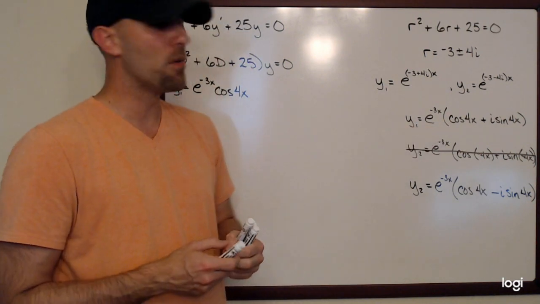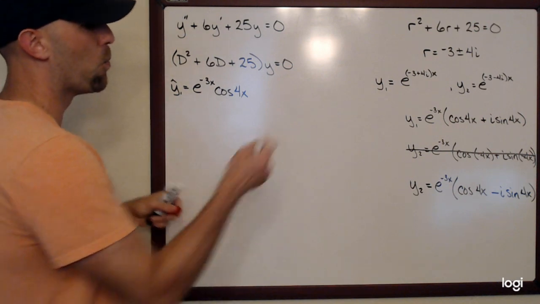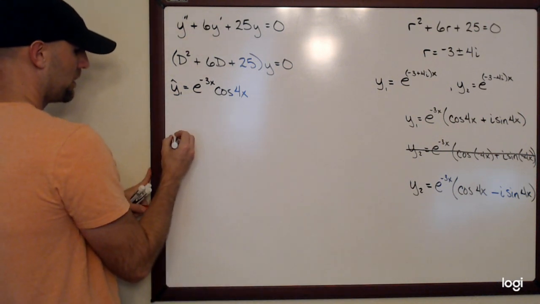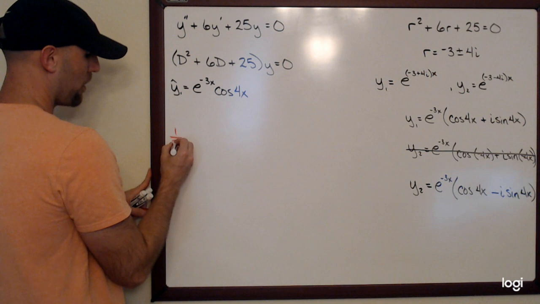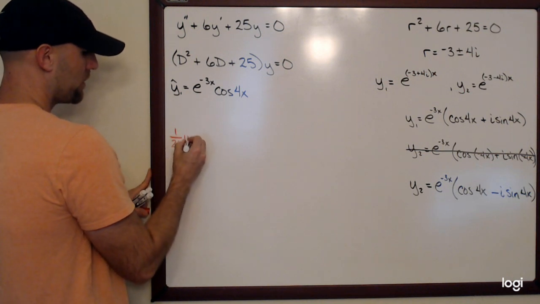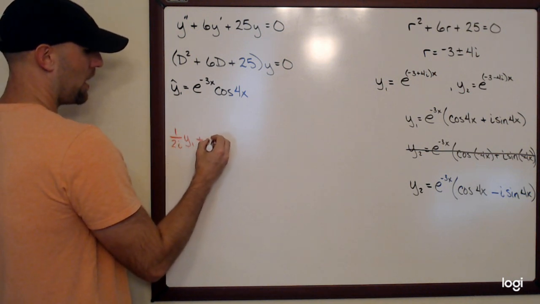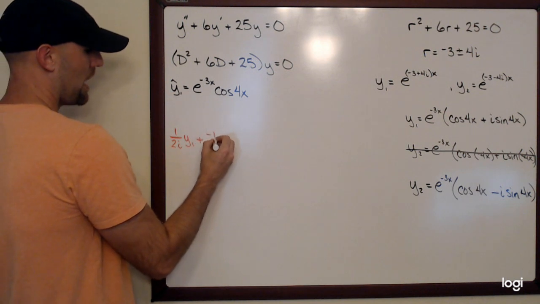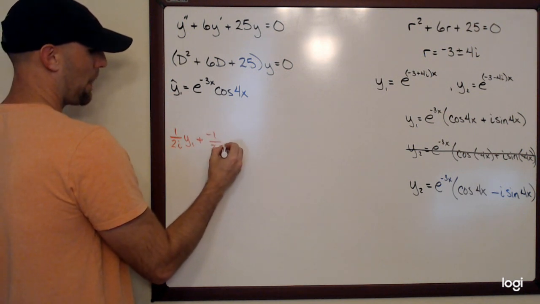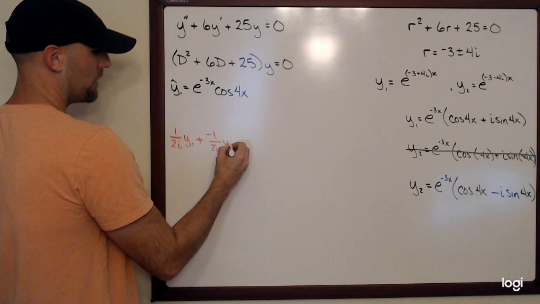Why don't I pick 1 over 2i, okay? So I'm going to do 1 over 2i times y1 plus negative 1 over 2i times y2.